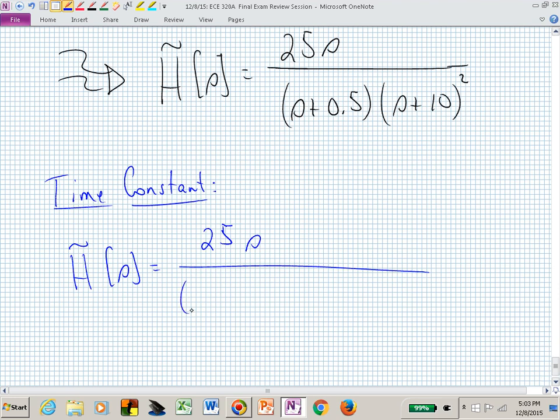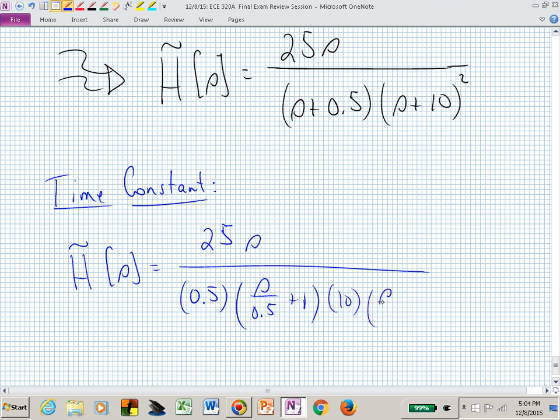We factor out a 1/2 from the first term. And if you don't see how to factor out that second one, just write it as 2 linear factors, an s plus 10 and an s plus 10. Then it's easy to see that a 10 comes right out of both of those.